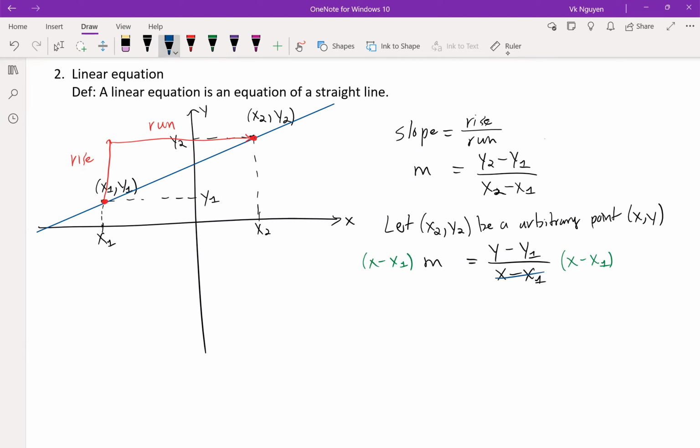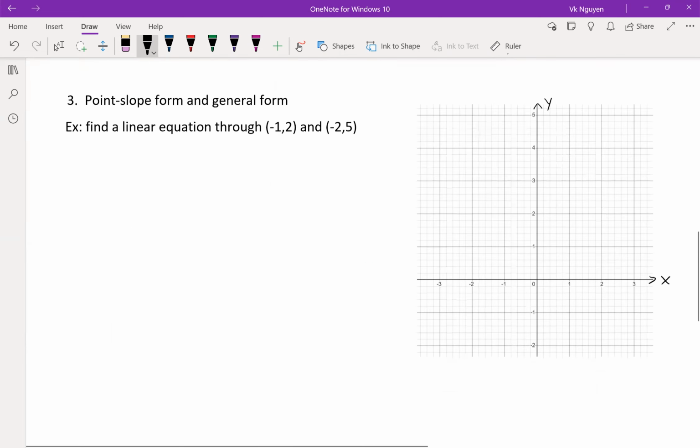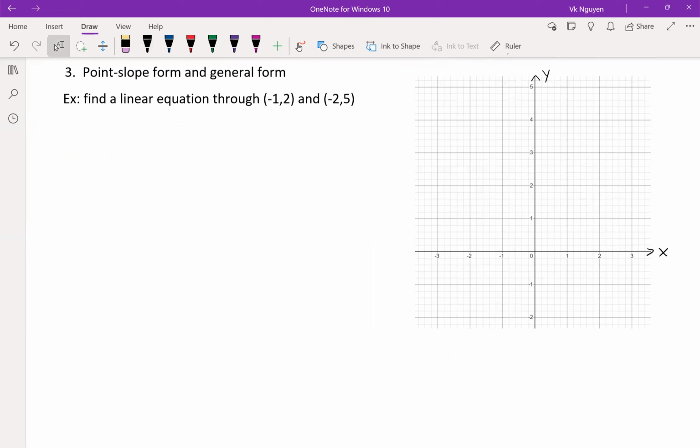And you see that we have m times x minus x1 is y minus y1. This is a linear equation. It has two forms, a point slope form and a general form.